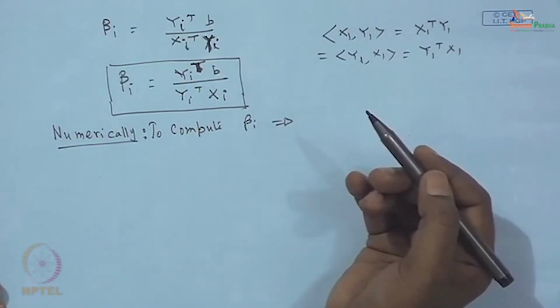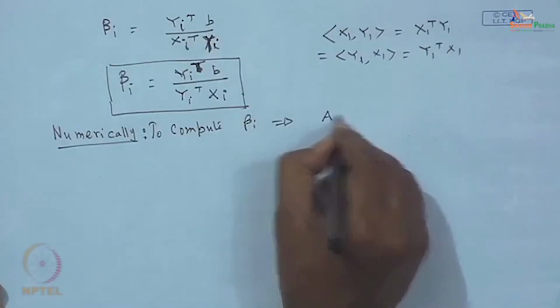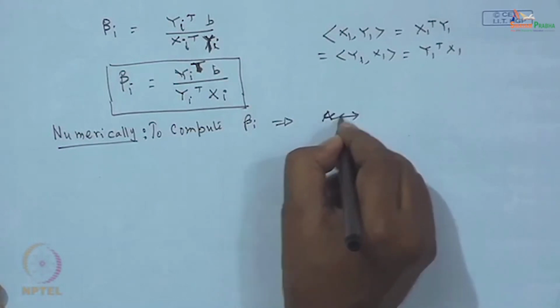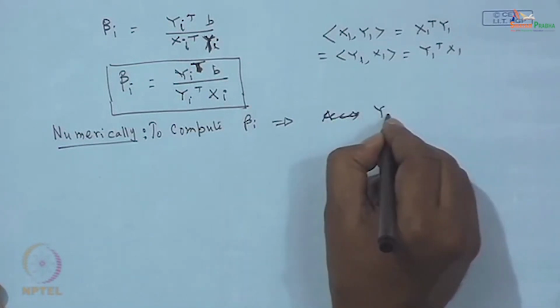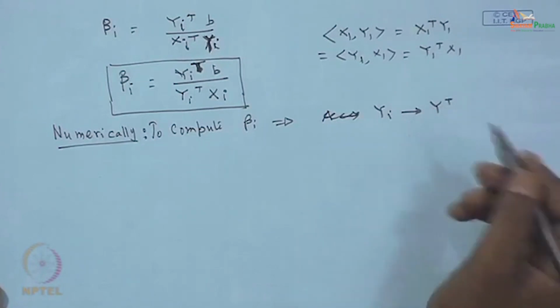How will the transpose of a vector be done? It is a very simple operation. The elements in the rows are assigned to the columns, so by changing the indices, one can get the transpose vector, y i to y i transpose. You just write it, it is a one line program.